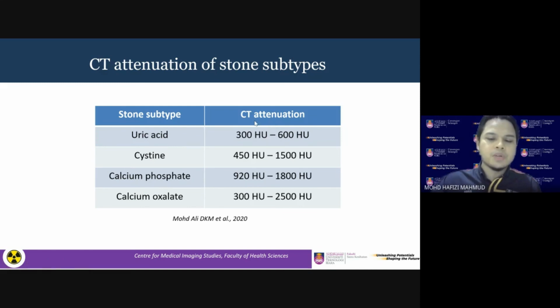As a simple example, if we have soft tissue and bone, soft tissue has low attenuation as compared to bone. So in these stone subtypes, you can see at the low end in this range is calcium phosphate, and the highest is calcium oxalate. It can be more than 2000 Hounsfield units.